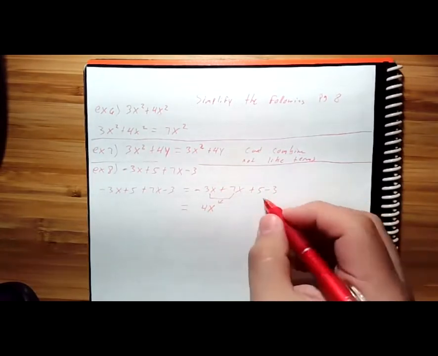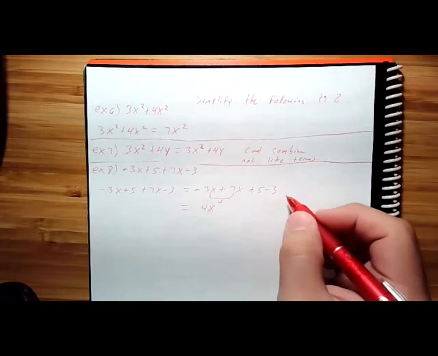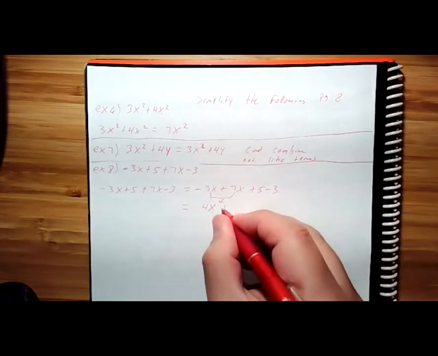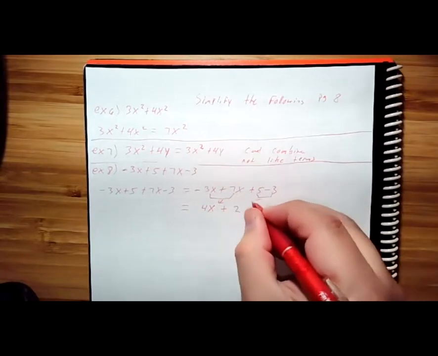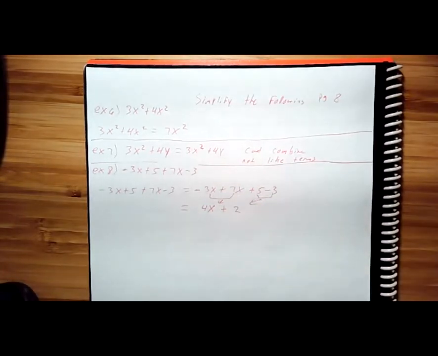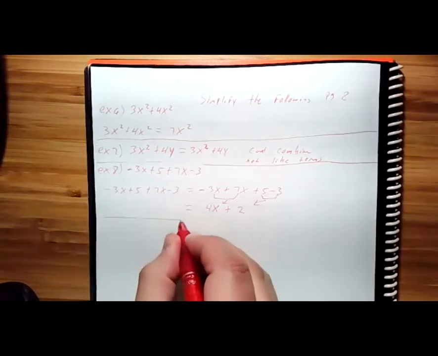So that's this one. Okay, so now we have two numbers. 5 minus 3, no big deal, right? Any questions on those steps? You see, we only combined the ones that were the same.